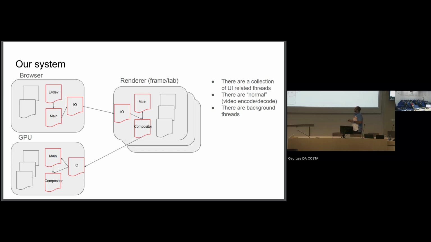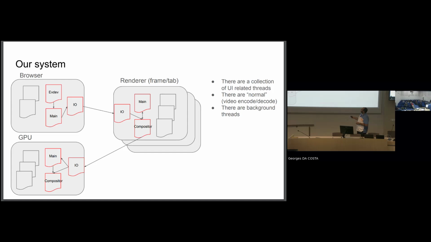So just going through an example of an input path through our system. Once the input comes in, once we get the interrupt, the EEVDF thread wakes up, and then it will send the input to the main thread here to figure out where this input should go, which renderer needs the input. It will send it to an IO thread that does the RPC to the right renderer.